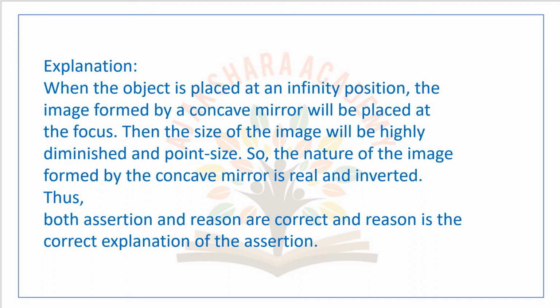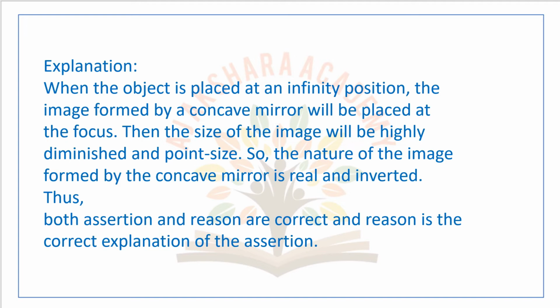So when the object is placed at infinity, the image is formed at the focus. That image is a point image, very diminished, small. So the nature of the image formed by a concave mirror is real and inverted. Thus both assertion and reason are correct, and the reason is the correct explanation of the assertion.